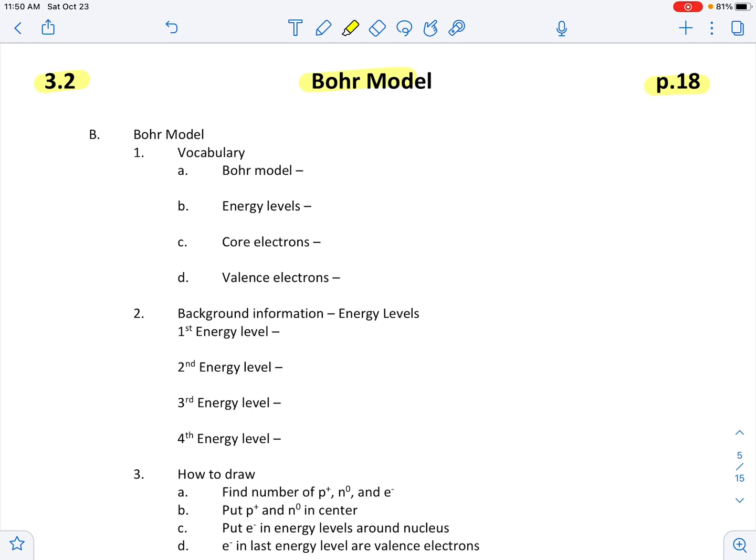As you saw in the video last week, he talked a little bit about Bohr. So let's just kind of jump right in. The Bohr model shows the layers of electrons. And so this helps us easily identify our valence electrons, and we'll get to that in just a couple of seconds. So this shows our different energy levels of the electrons.